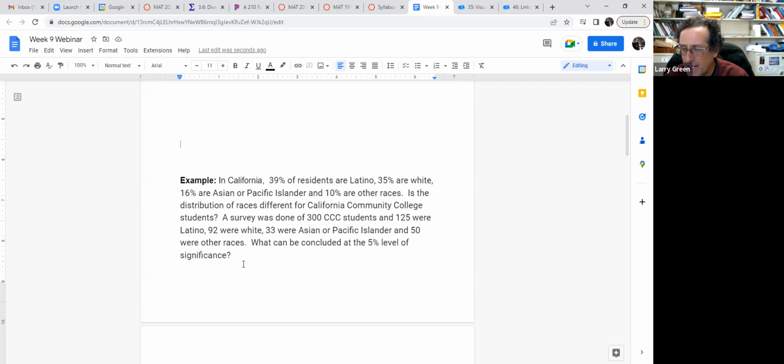Okay, can this be done using, say, the chapter 9 stuff, a hypothesis test for a mean, or chapter 10 for comparing two means, or a hypothesis test for a single population proportion or comparing two proportions? Would those work for this example?